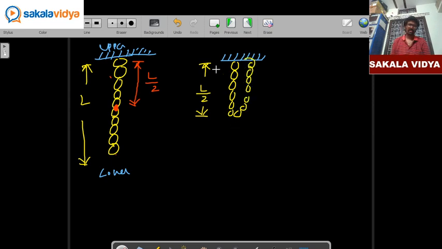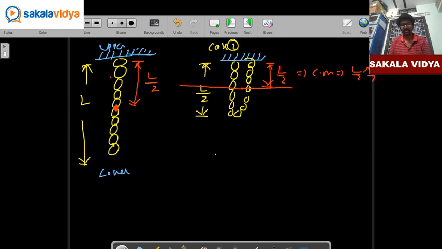In our case 2, I have linked the lower end with the upper end. What do you observe here? Our center of mass is now going to act at a distance of L by 2 into 1 by 2, which means L by 4.